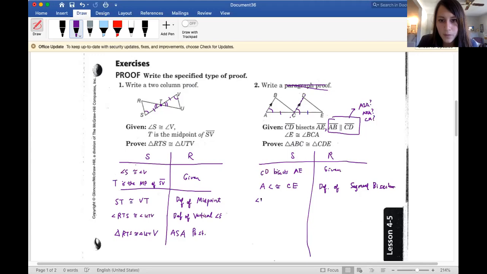So I could just call it angle A. Probably angle A is congruent to angle C because of, I need to state my given first before I do this. So let's say that they're parallel. Let's put that on there. AB is parallel to CD. That's given. And now, because of our given information, I'm going to say angle A is congruent to angle C because of corresponding angles.